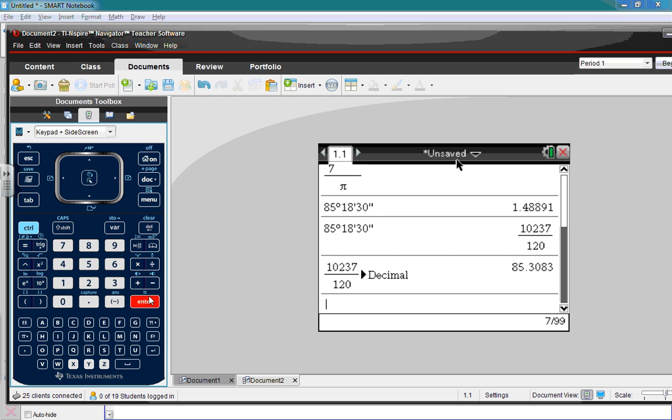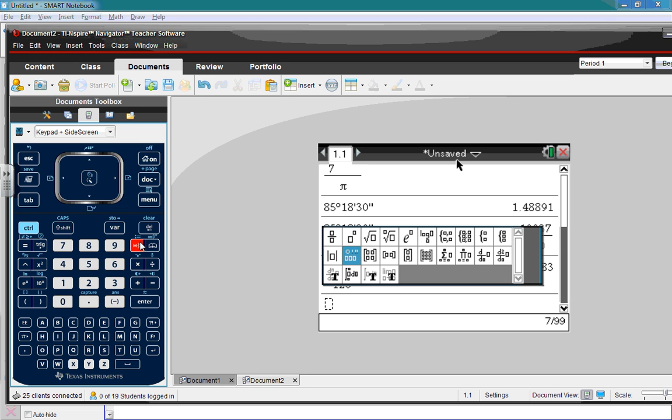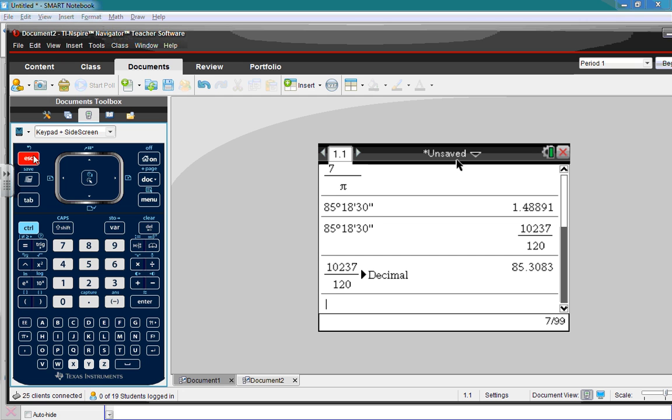Do we understand that? So in that little box on that button there, which one do we click? Second row, second column. 1.4889 is my radian decimal. 85.3083 is my decimal degree, not degrees, minutes, and seconds. So we need to change both. Yes, it's going to ask you for which one.